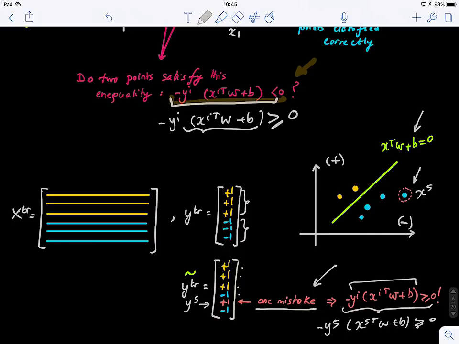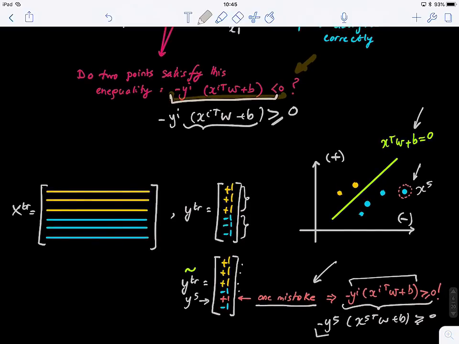Now I'll give you a minute and I would like you to think about a possible loss function that we need to minimize. If we have a positive value, it means we need to minimize that positive value and bring it to something negative or close to 0.